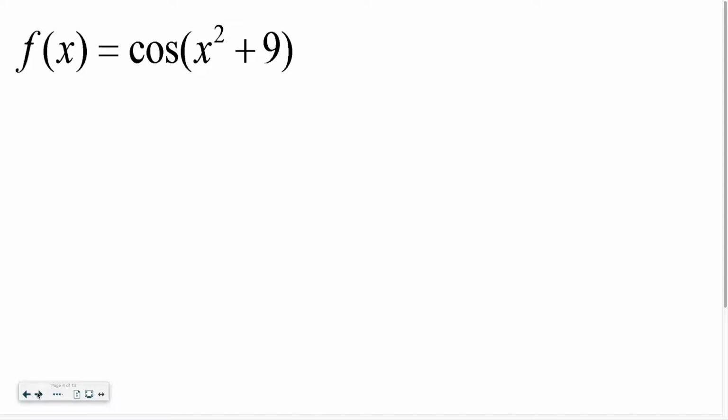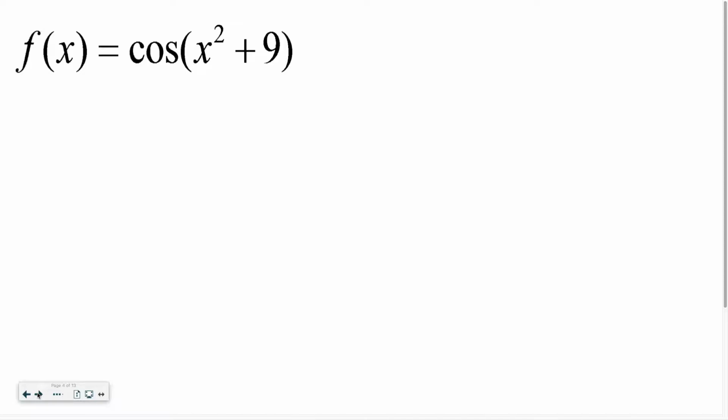Well, since this is cosine, whatever's inside of cosine has to stay in there. Like x squared plus 9 is the angle inside of cosine, so there's no algebraic way for us to break that apart. Does that make sense? If we were given something like this, you have the option of using the chain rule or multiplying that out and using a different rule.